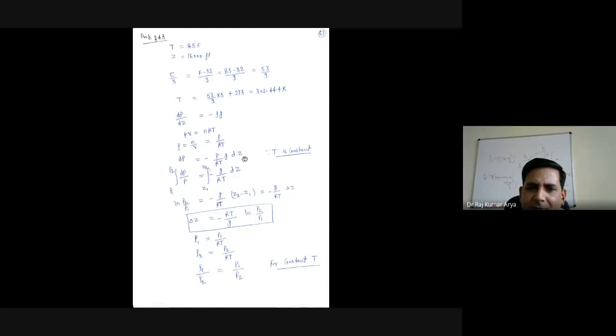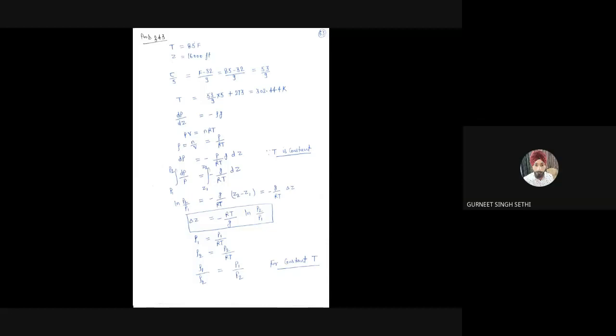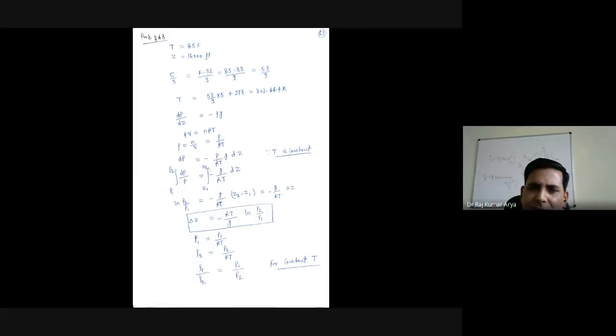Now this is your expression for dP upon dz equal to minus rho g. This is the pressure variation with respect to z, right? You already know that. Yes or no? Yes, sir. So then you have the ideal gas law, PV equal to nRT. So from here the density would be P upon RT. Correct?